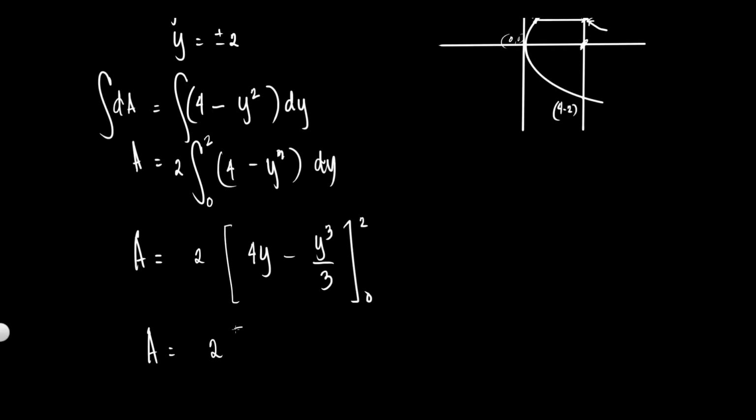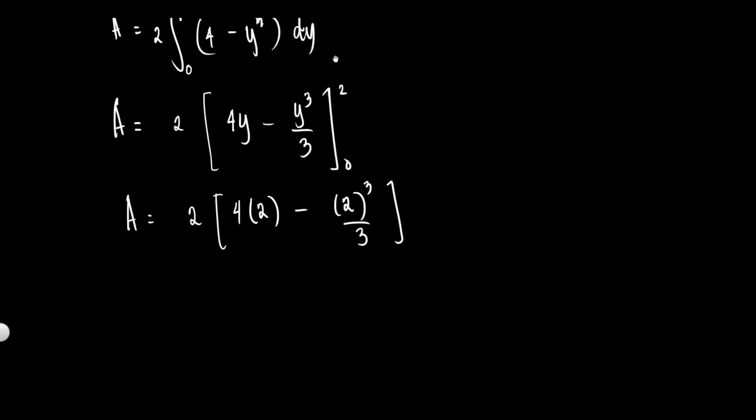So, we have 2 times 4 times 2 minus 2 raised to 3 over 3. Okay? Minus lower limit 0. 4 times 0, 0. Y cube or 0 raised to 3 is 0. So, hindi na kailangan isulat. Pero kung ginamit mo is minus 2, yung lower limit, may value yan. Okay? So, mas madali ito.